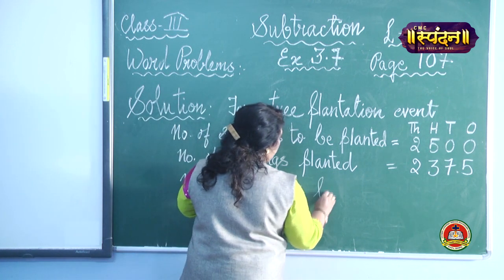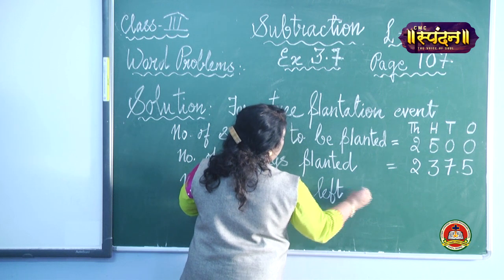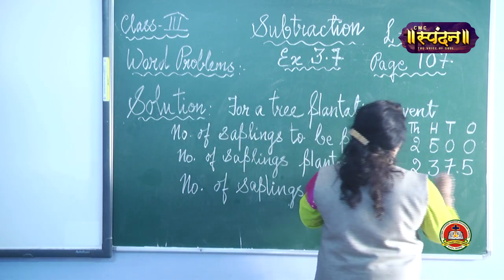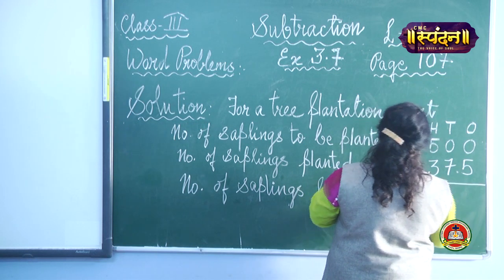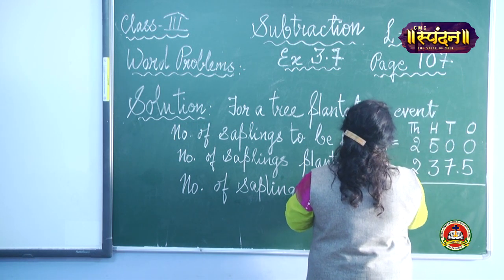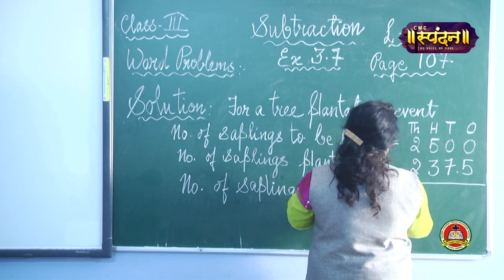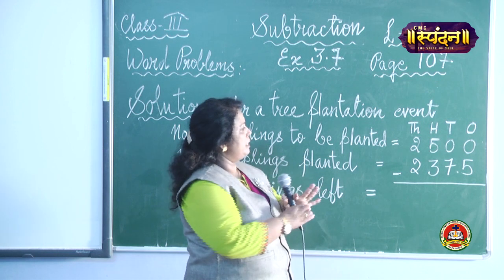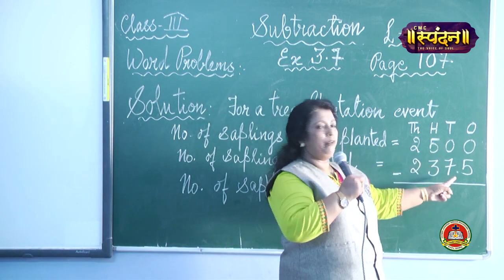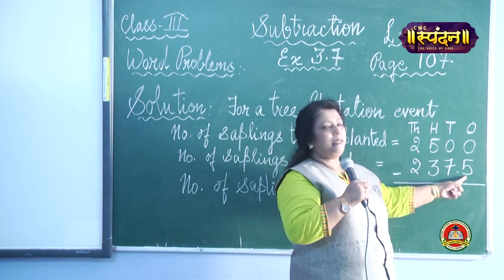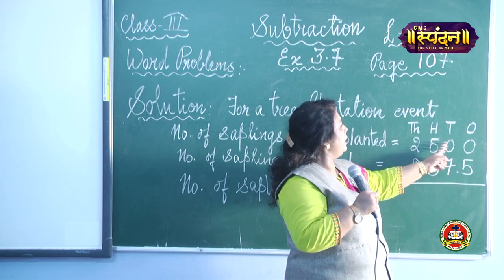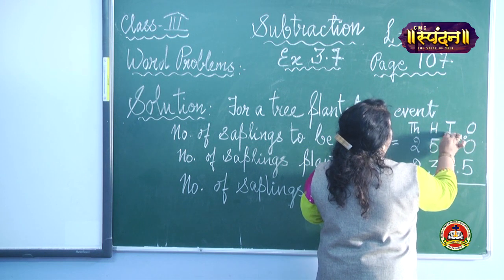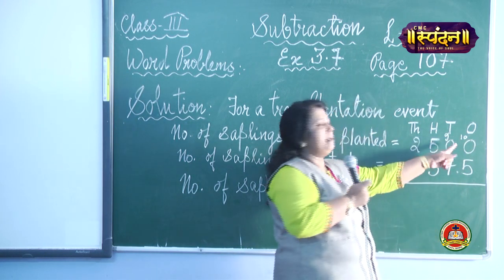That is 2500 minus 2375. So from 0 we cannot subtract 5. Again यहाँ से borrow कर लिया. Here it will be 10. Here it will become 9. 10 में से 5 गया.